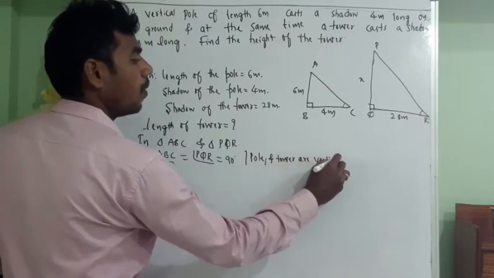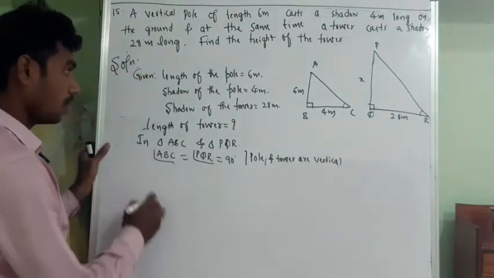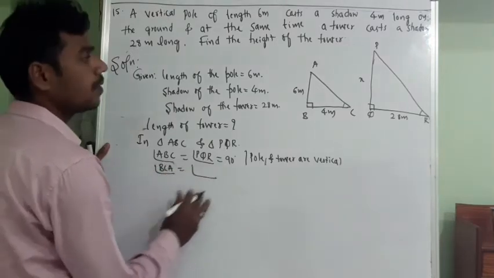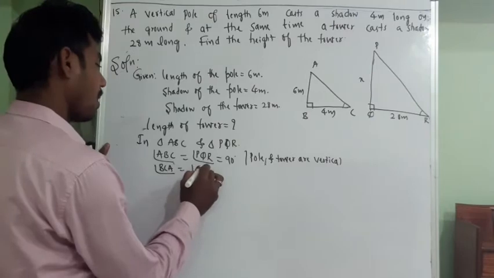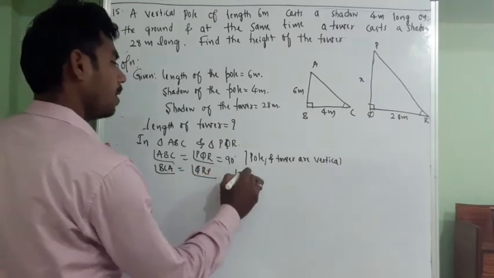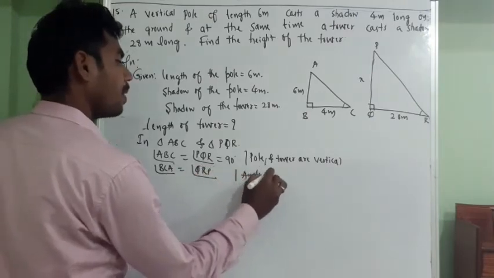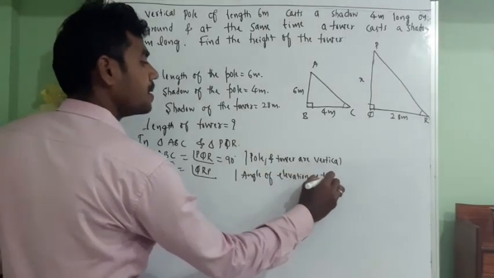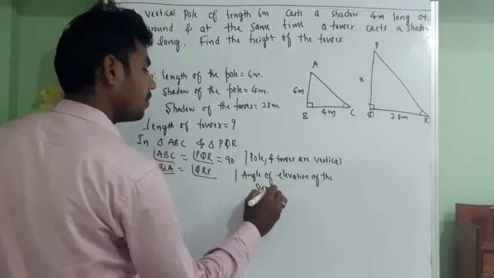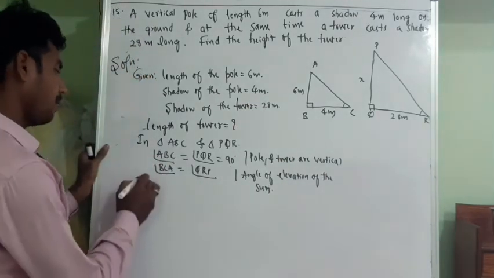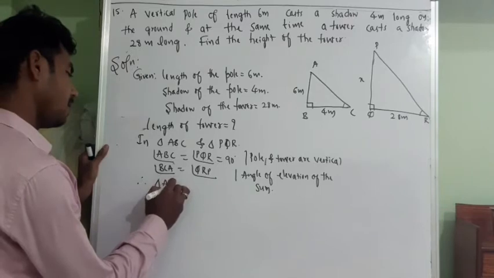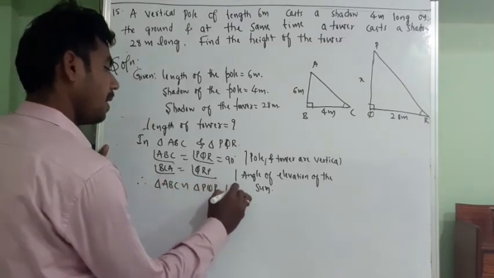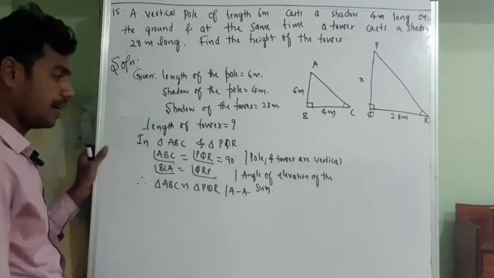Next, angle BCA is equal to angle QRP, because the angle of elevation of the sun will be equal. Now therefore triangle ABC is similar to triangle PQR because of AA similarity criteria.